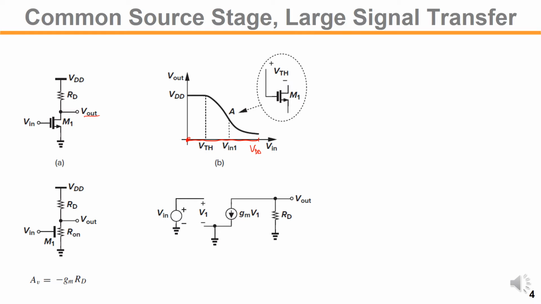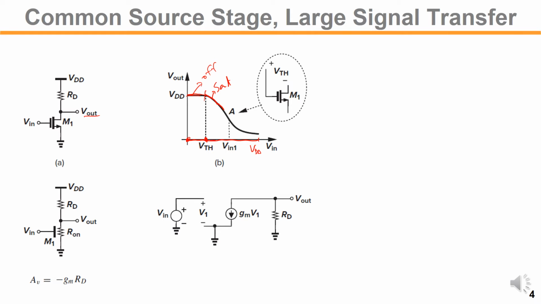So RD is connected to the output, so it will stay at VDD up until the input goes up to VTH. Once the input Vin goes above the VTH, then the NMOS will start to turn on. So at that moment, M1 goes from the off region to the saturation region, right?